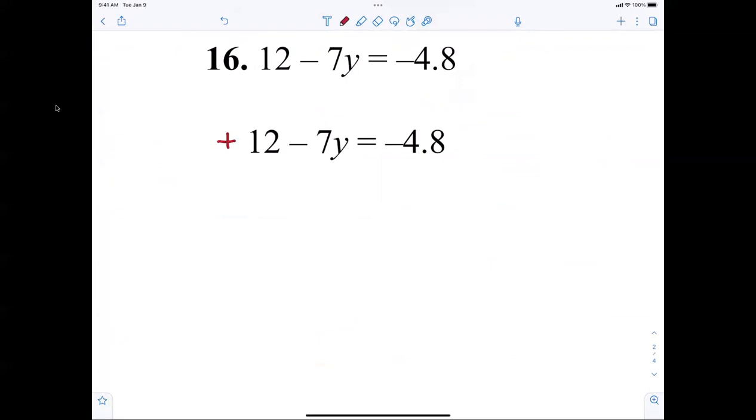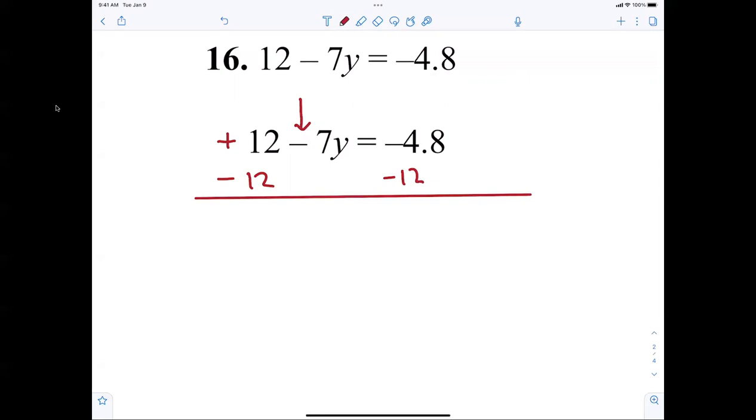So now what do I do? I'm telling you, everybody looks at this negative and just does positive. That's not the case. The 12 is what? Positive. So how do I undo a positive 12? Minus 12. Don't be sorry. Minus 12. No calculators.